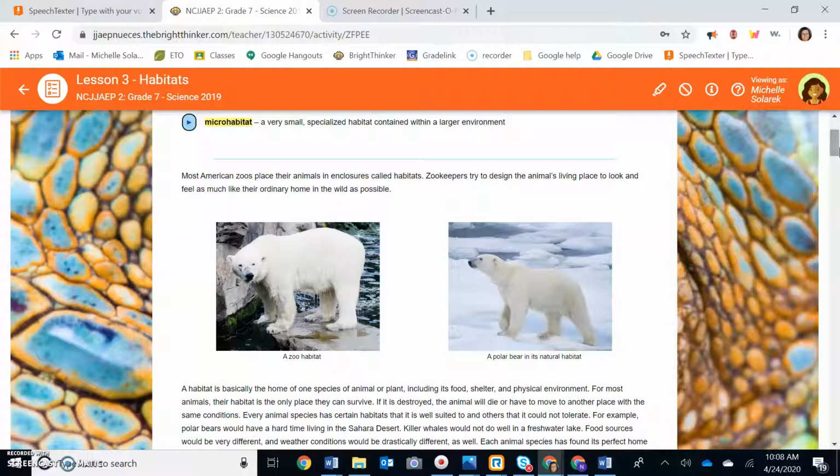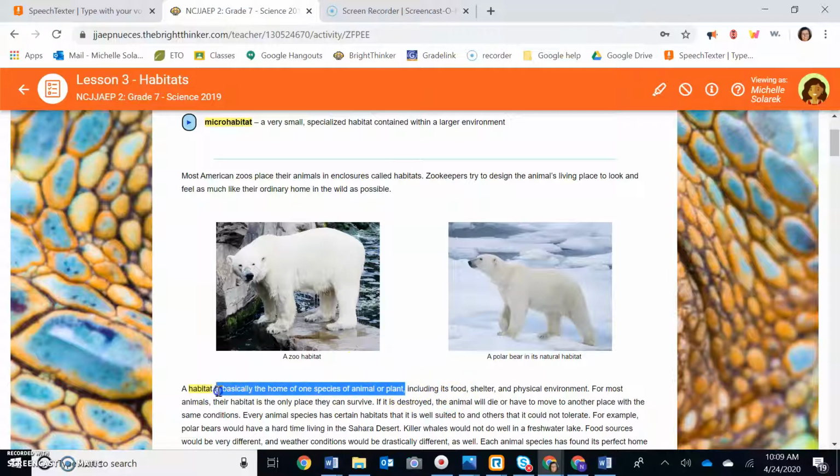A habitat is basically the home of one species of animals or plants. So question number 2, what is the name of a home for a type of species or plant?